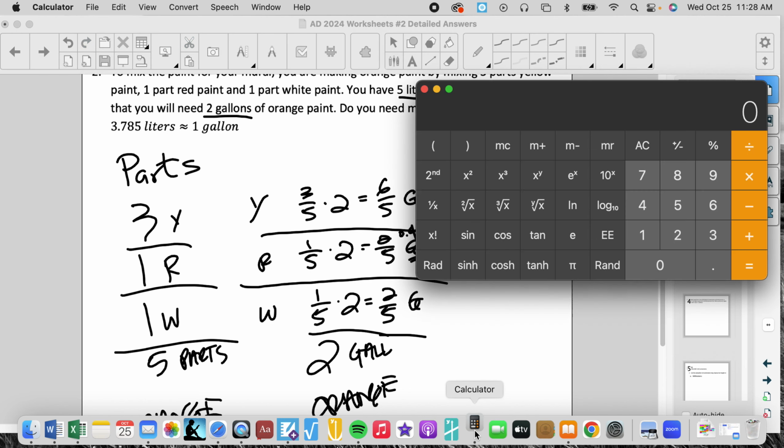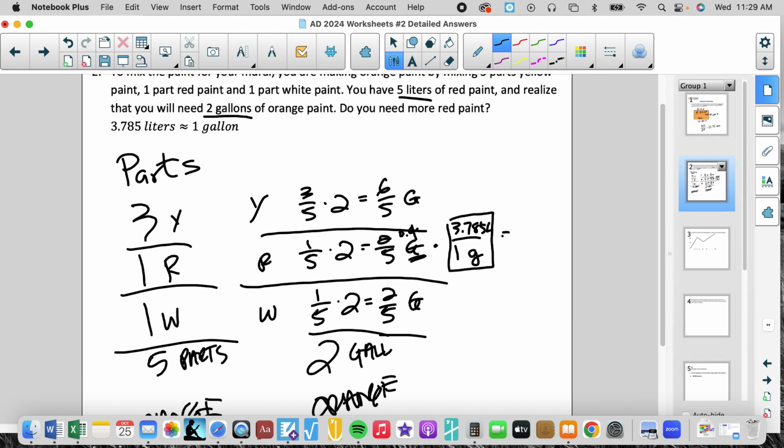So let's do 0.4 times 3.785, which gives me 1.514 liters.